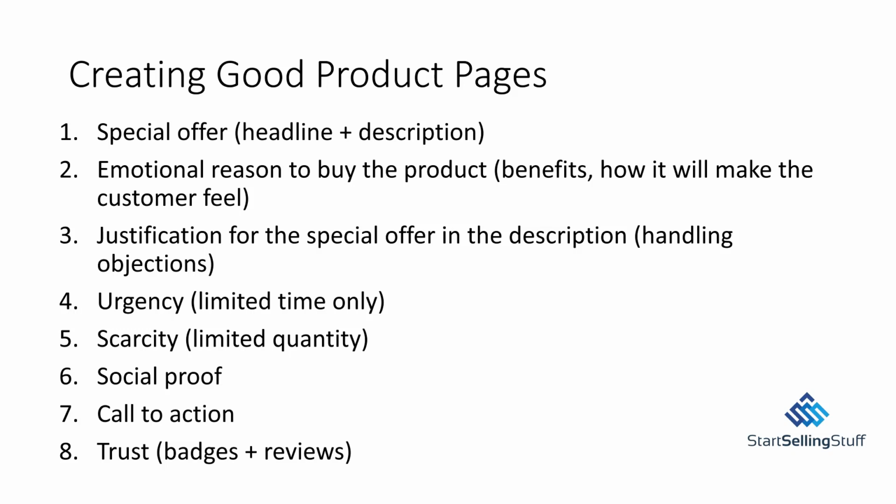Next thing is scarcity. So you're saying there's only a limited quantity to be given away at this price. Works well with the justification if you're saying we've got 12 left over. It's clearly a limited quantity. And again, there's an app for this. Hurrify does it as well. You can have the stock countdown bar. The way it works is it says 12 left and it uses a random number. You can choose the range.